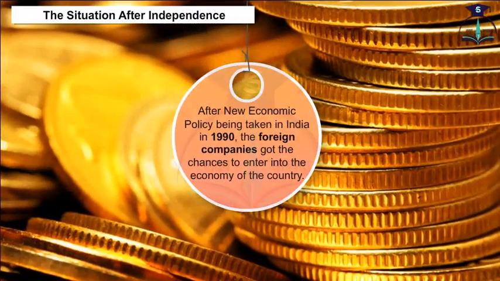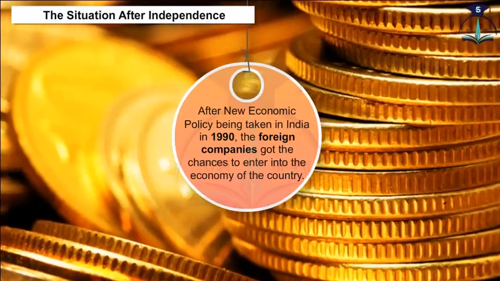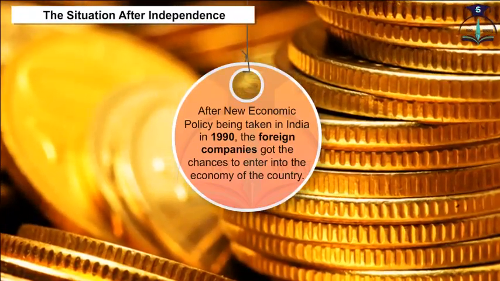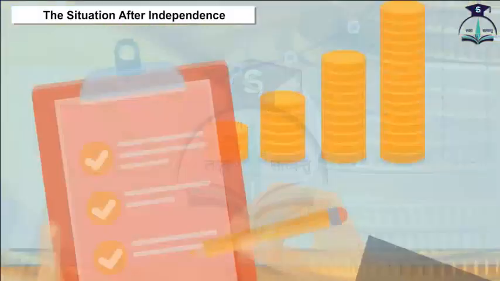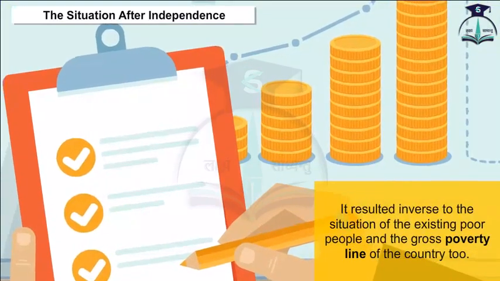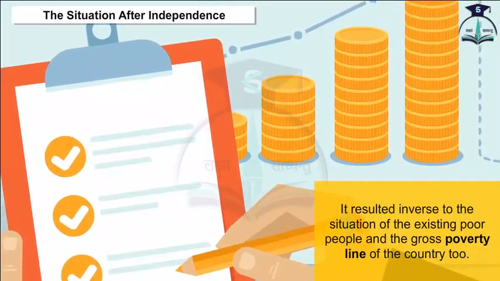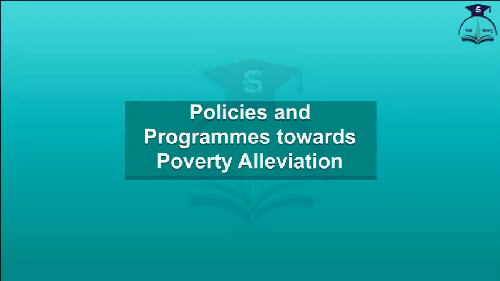After the new economic policy was taken in India in 1990, foreign companies got the chance to enter the economy of the country. It worsened the situation of the existing poor people and the gross poverty line of the country too. Policies and programs towards poverty alleviation.